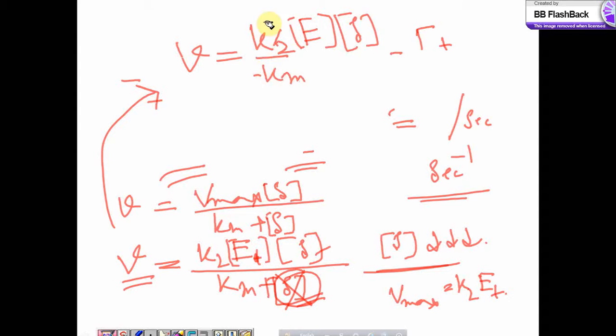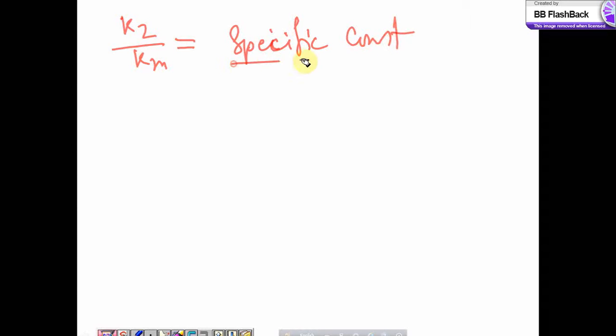This K2 by Km is another constant, a specific constant. With this constant you can measure the efficiency of an enzyme.